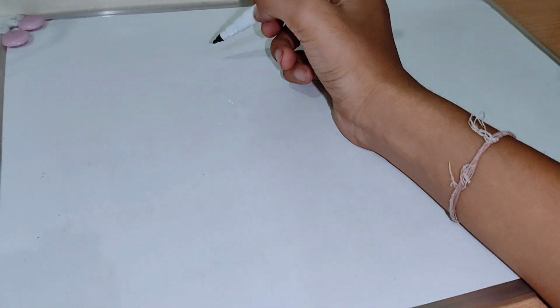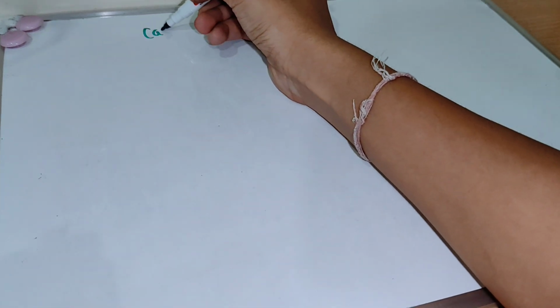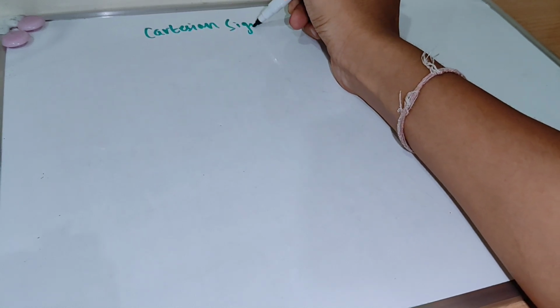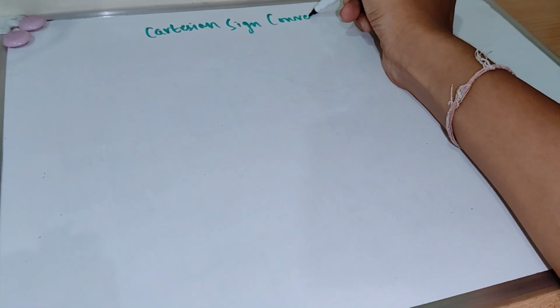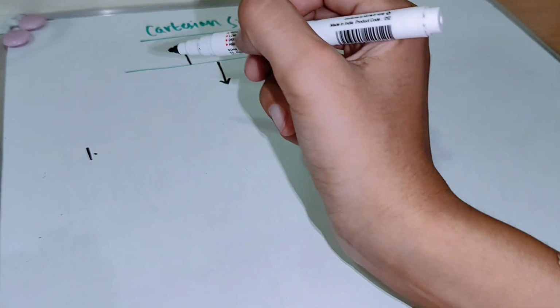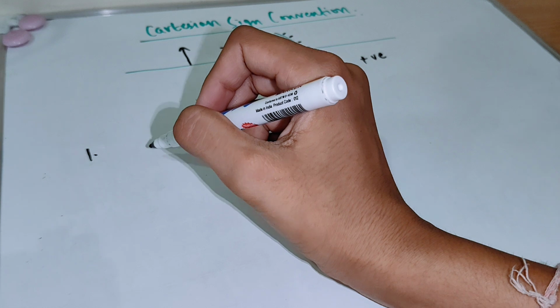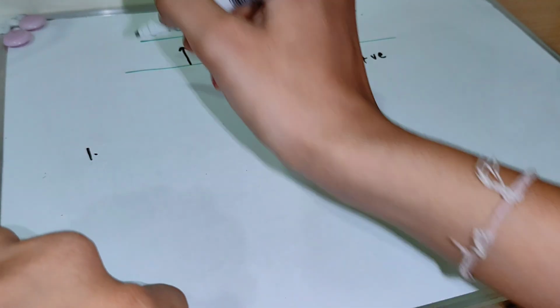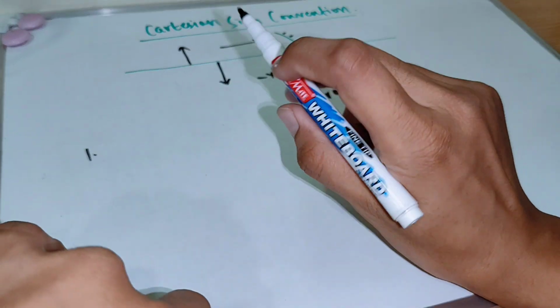So let us start. We are going to do the Cartesian sign convention. We are going to learn how we measure distances while solving the sums of ray optics. The first rule is that all ray diagrams are drawn with the incident light traveling from left to right.